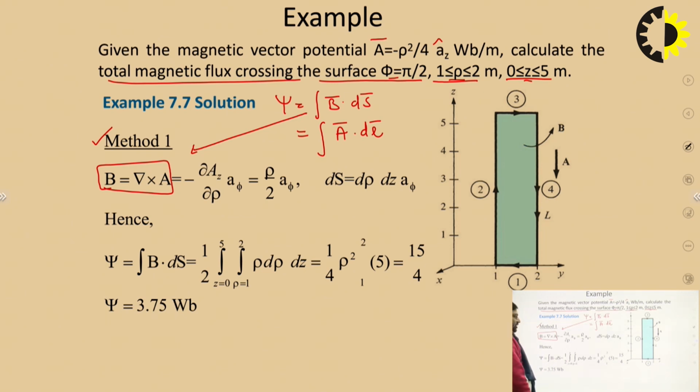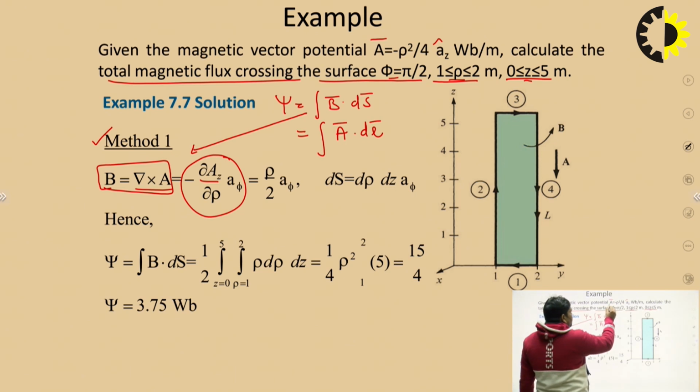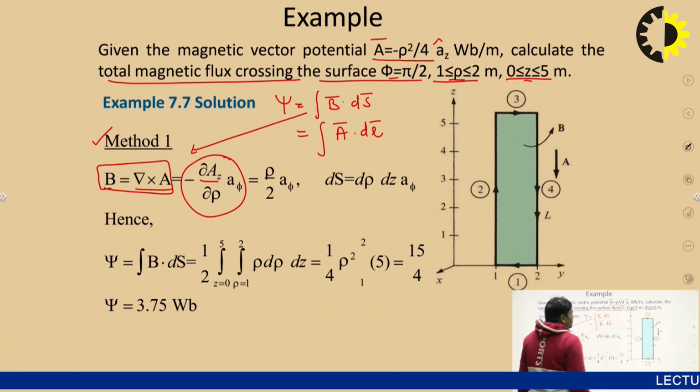So we compute del cross A by using the matrix form. We solve the matrix, and then the value of B is equal to minus del Az upon del rho in the direction of a phi. In this question, A is given as minus rho squared by 4 in the direction of az.